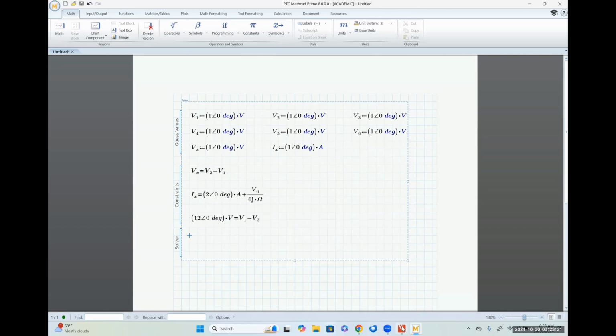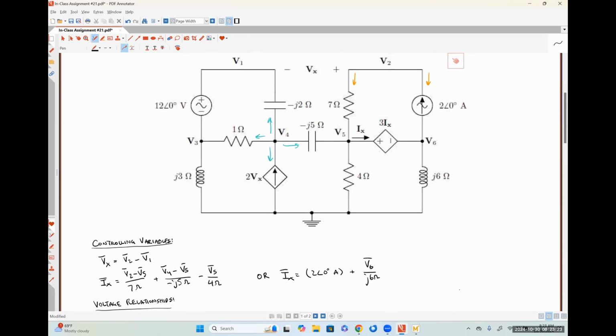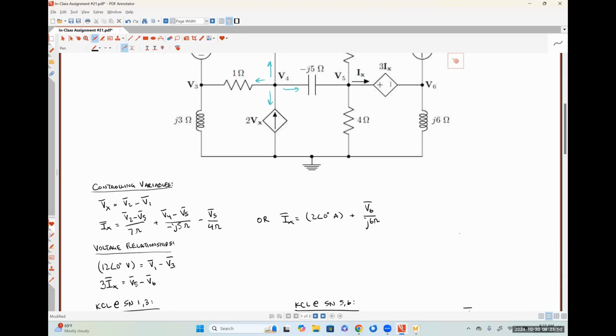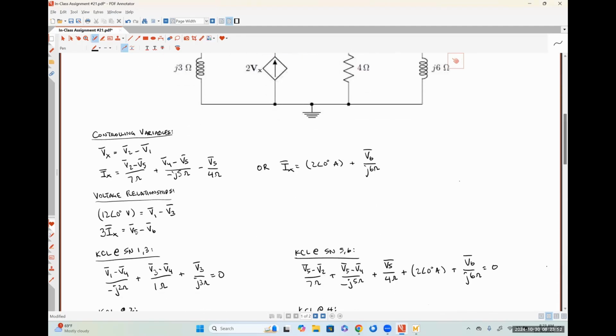This is a current controlled voltage source, which means that the 3, that scaling factor, has implied units of volts per amp. So I'm going to make sure to put that in, otherwise I'm going to get a unit error in MathCAD. So 3 volts per amp times Ix is control equal to V5 minus V6. There we go.